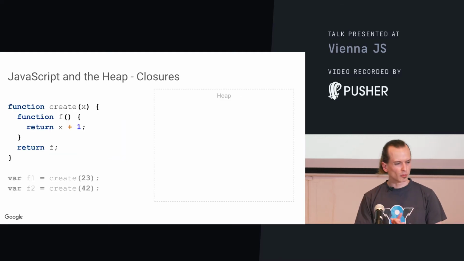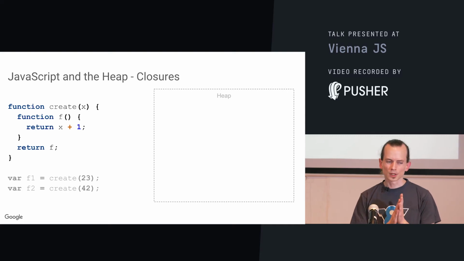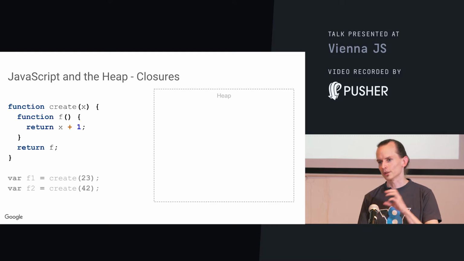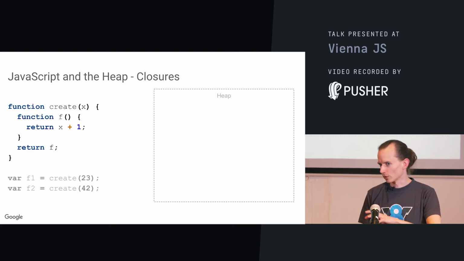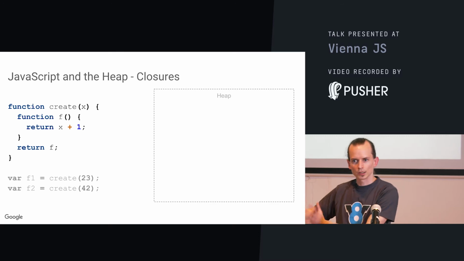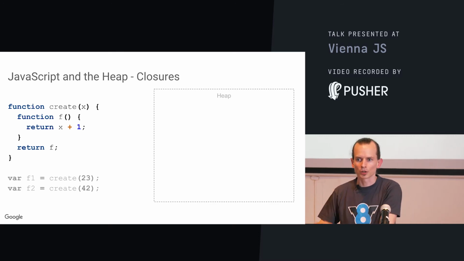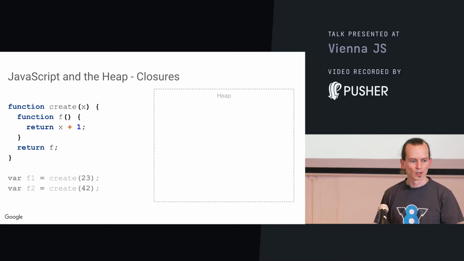Let's look at an example. And this example is basically trying to explain where variables can live. So sometimes local variables can be on the machine stack, they can be local to a function, and sometimes they actually live on the heap. So they take part in this garbage collection scheme.